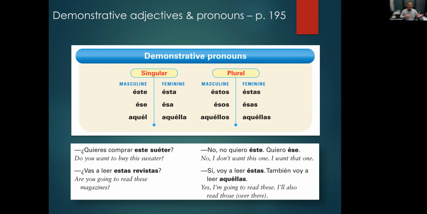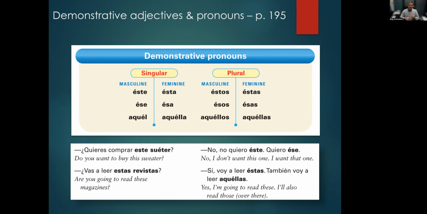¿Vas a leer estas revistas? So demonstrative adjective. Sí, voy a leer estas. These ones right here. También voy a leer aquellas, those over yonder. Notice that they still agree with the noun. So in the first one, the noun is suéter, masculine and singular, so we have este or ese.